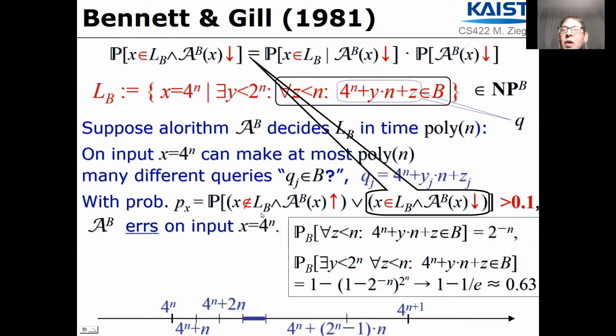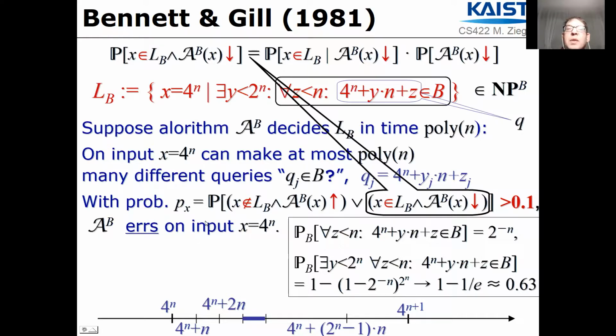So to conclude, in both cases, if this conditional probability is at least 50%, the probability for the algorithm to make an error on input X is at least some constant like 0.1.